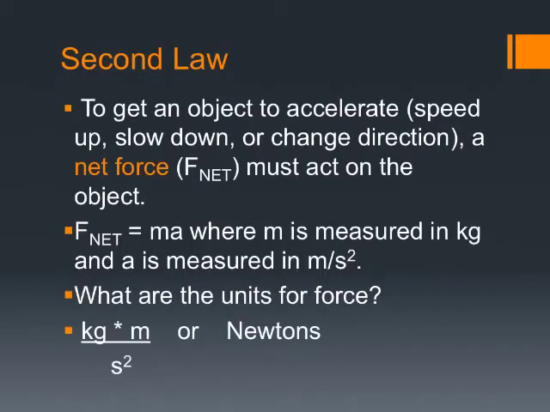So what that's saying is that in order to get an object to accelerate, to speed up, slow down, change direction, to cause a change in the motion, a net force must act on the object. What this net force means is when you figure in all of the forces, because we've talked about this before, like in the first law question worksheet with the pedaling the bicycle problem.